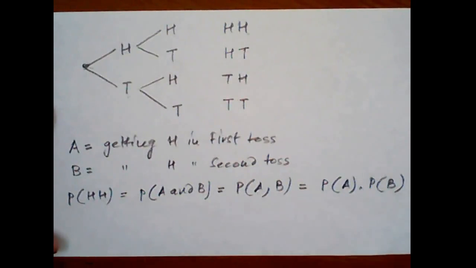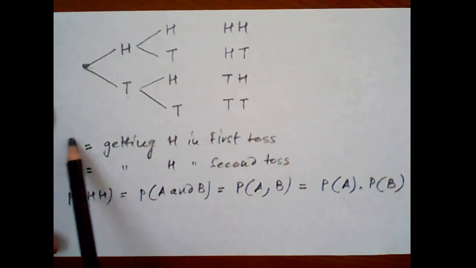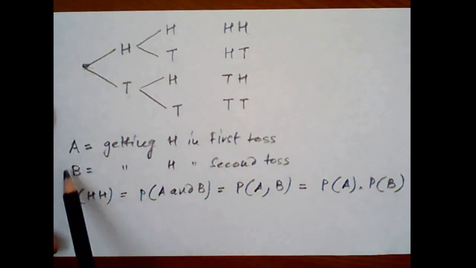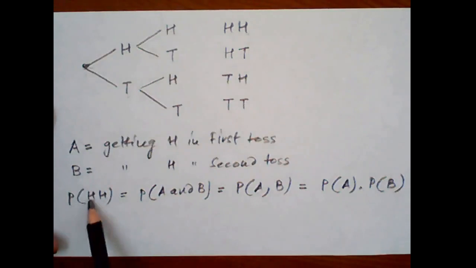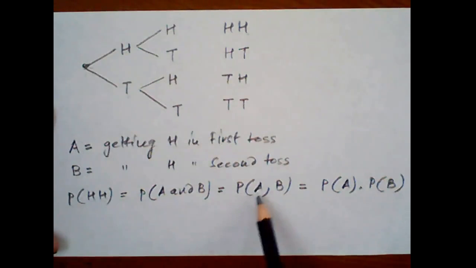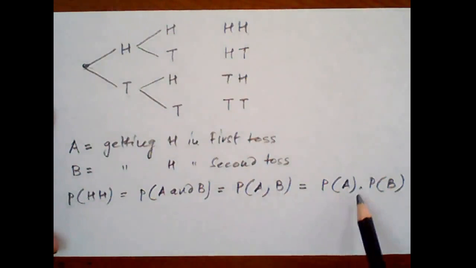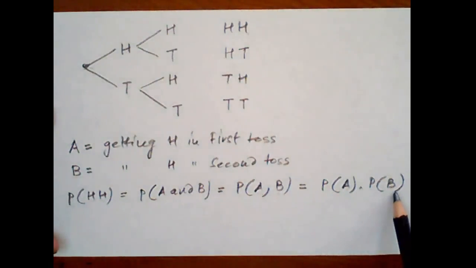This is possible because A and B are independent events, right? Because the outcome in the first toss is not going to affect the outcome in the second toss, right? So probability of HH means probability of A and B happening is probability of A times probability of B.